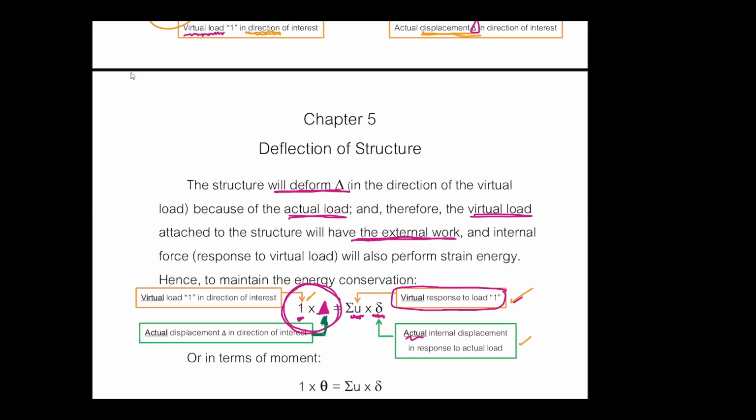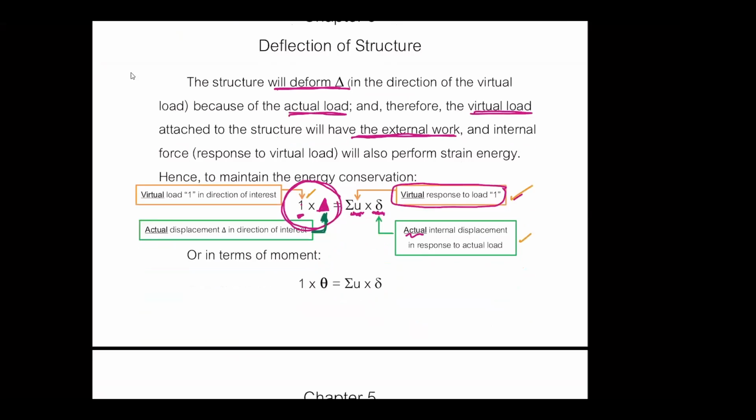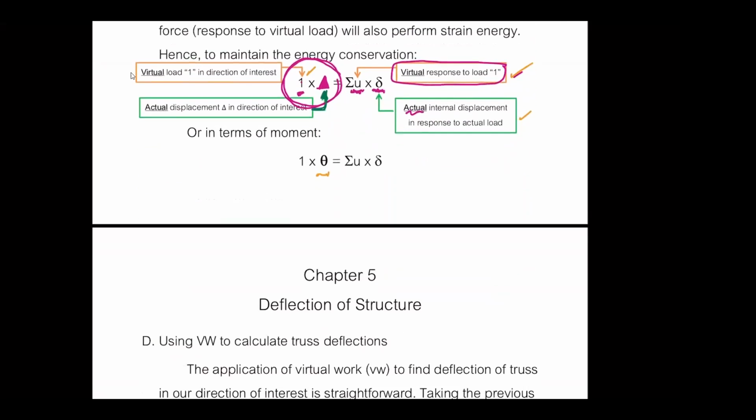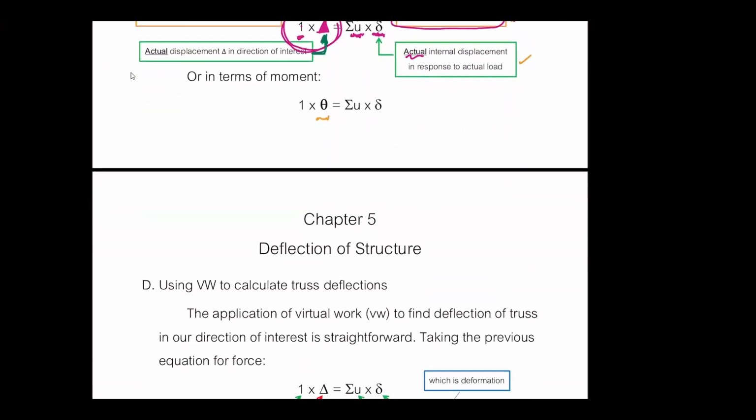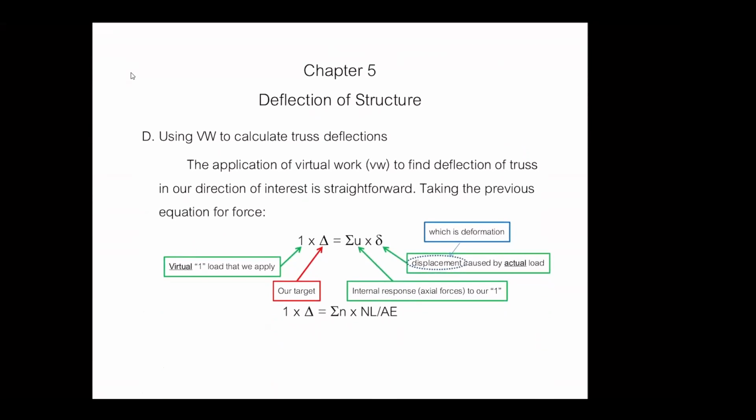So in the end, delta, that is our target, can be obtained. Or in terms of moment, instead of having delta, you have theta or rotation instead. Okay. Sounds a bit confusing. Probably, but let's say we are going to get into something more specific now.